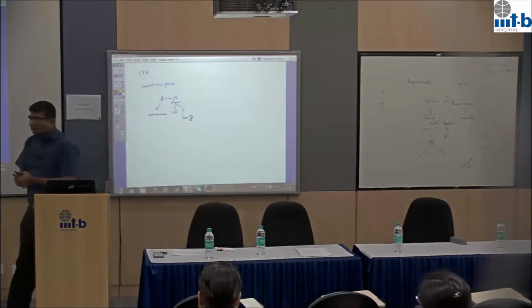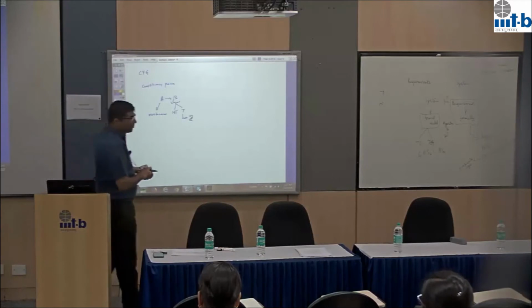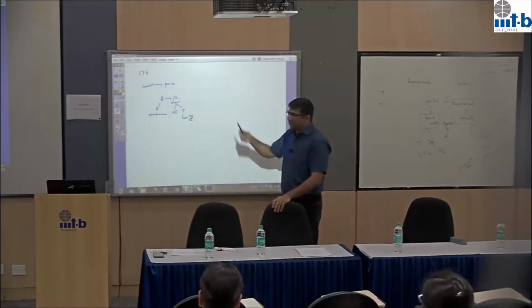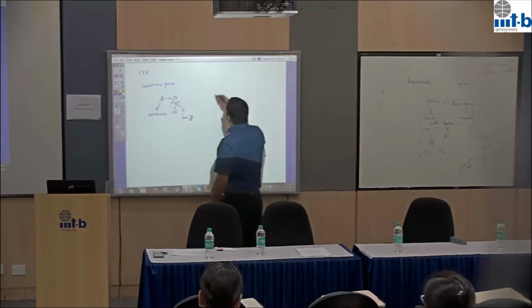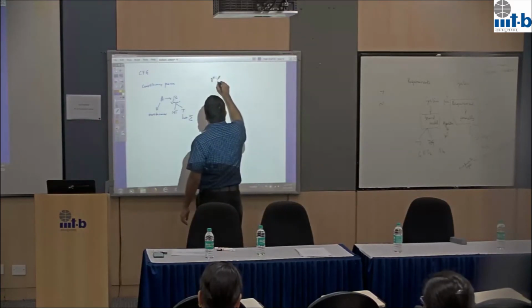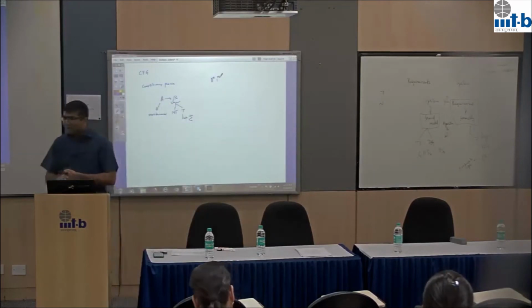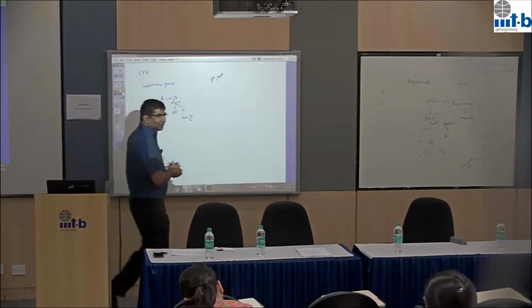So how do we write a context-free grammar for, say, 0^n 1^n? We have this language called 0^n 1^n. So how do you write a context-free grammar for this?